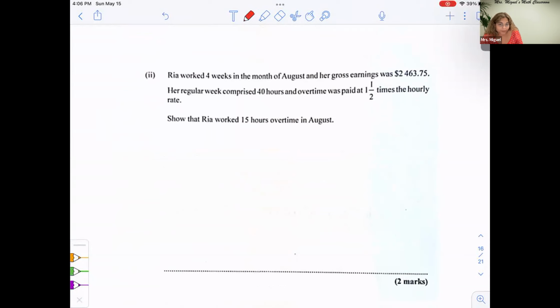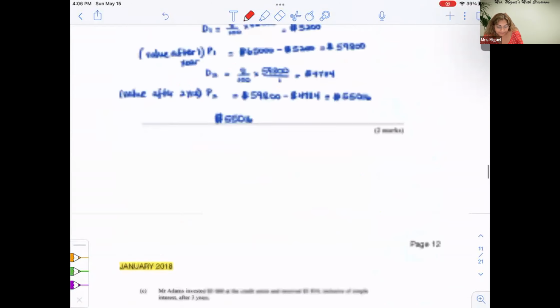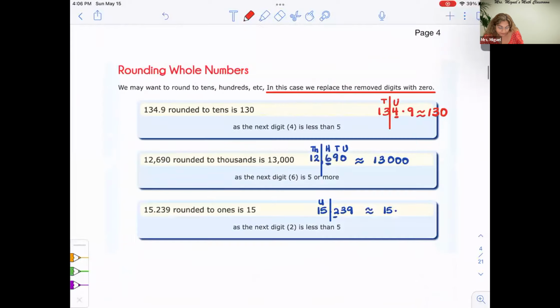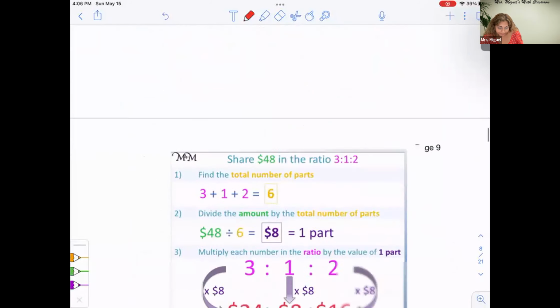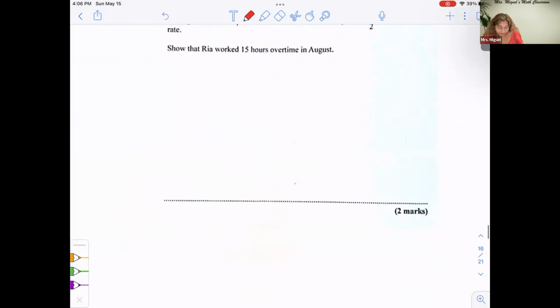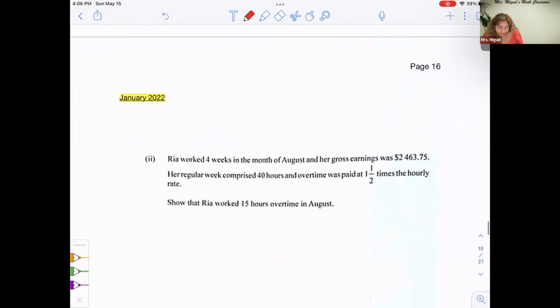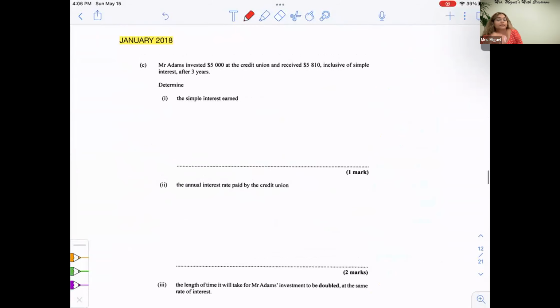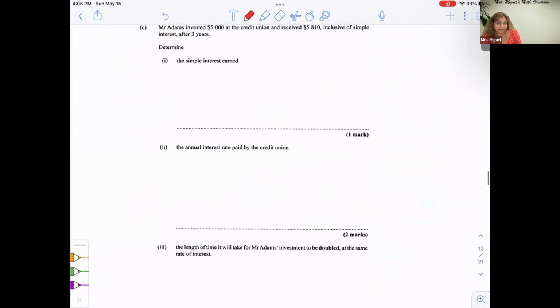So this is one question that I didn't complete in the worksheet. And there's another question on simple interest. So this is here for you to practice.